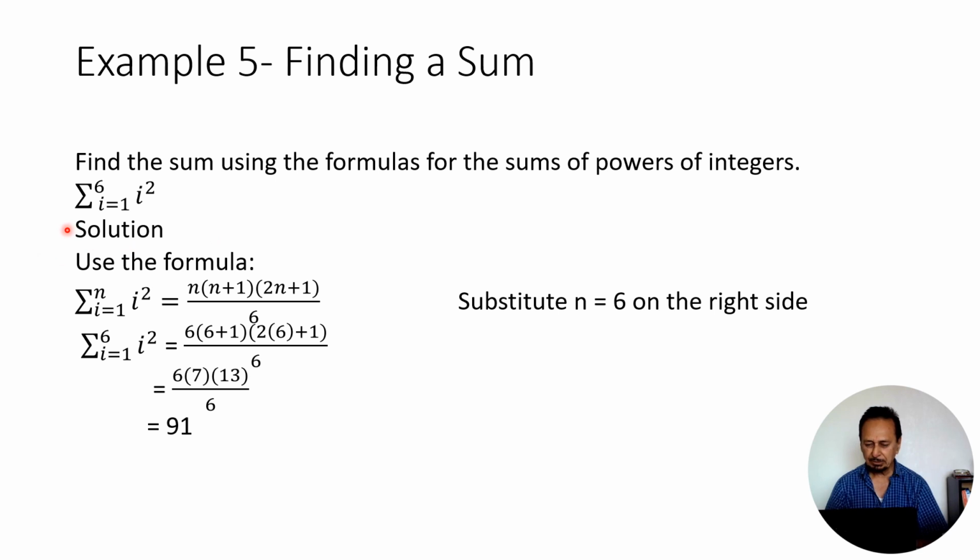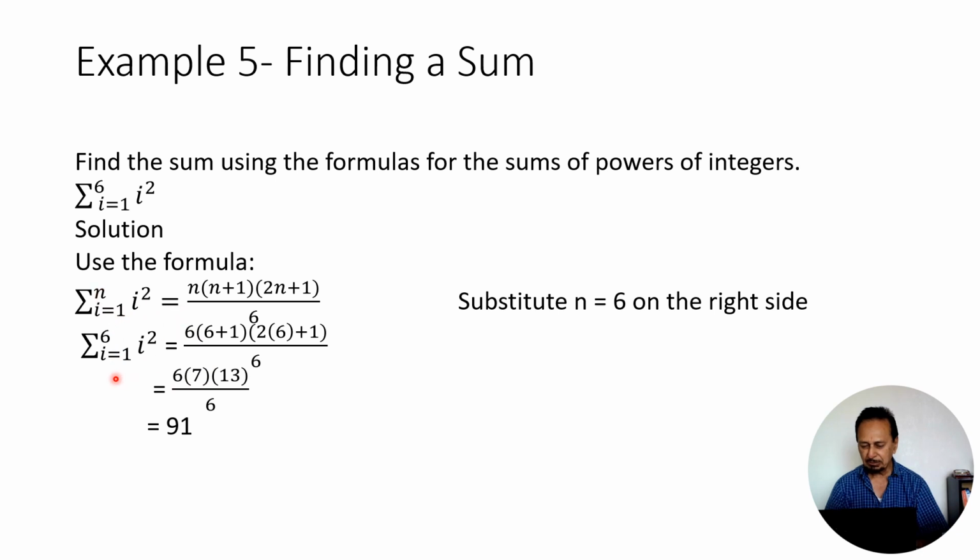Example 5, let's find the summation of i squared, i from 1 to 6. So let's write the formula for the summation of i squared, i from 1 to n. This is n times (n plus 1) times (2n plus 1) over 6. The upper limit is 6, so n is 6, so we're going to substitute where the n is.